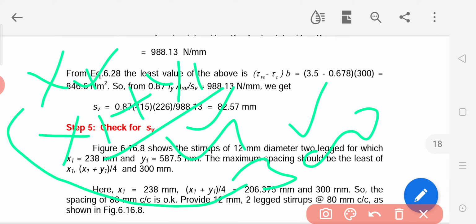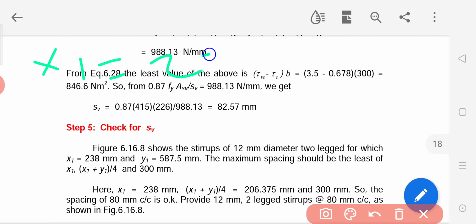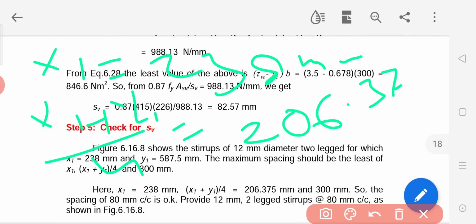Here x1 is 238 mm, and x1 plus y1 divided by 4 equal to 206.375, and 300 mm.